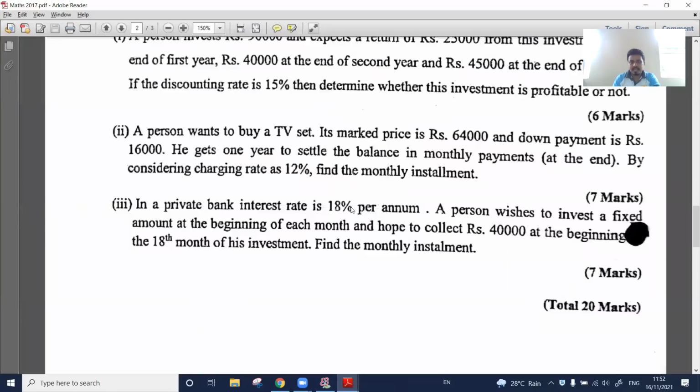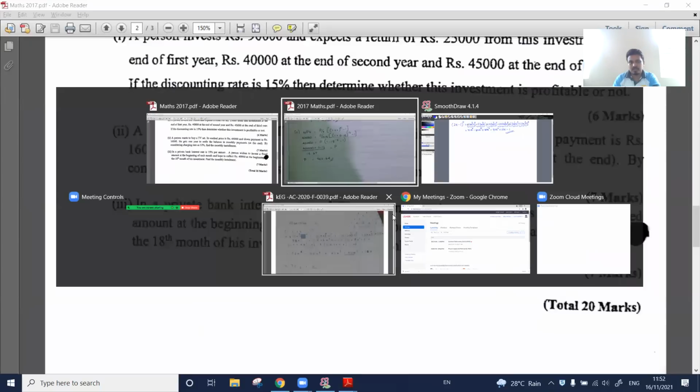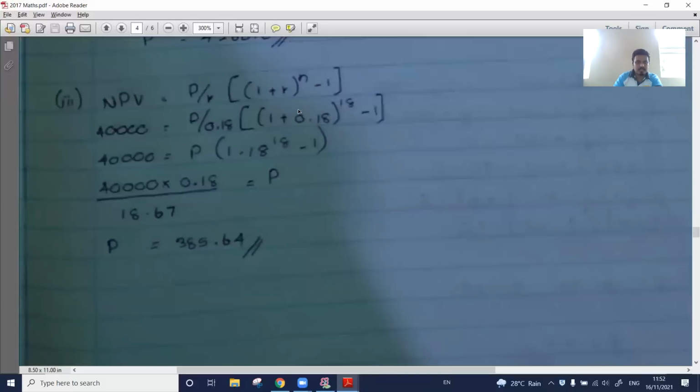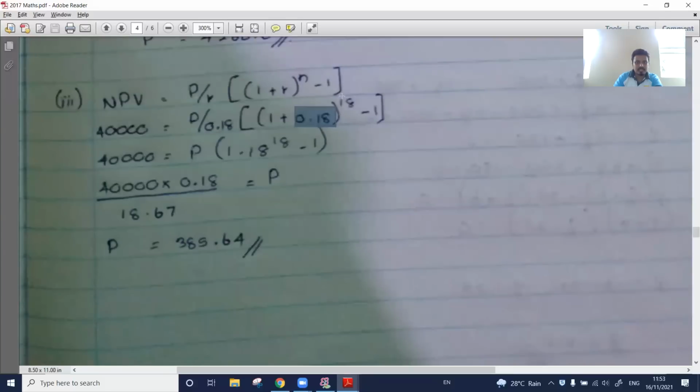Per annum rate is 18%. But here we consider it on monthly basis. We need to get the monthly installments. So we cannot consider it as 18 here. See, there is a mismatch. This 18% is annual rate, but 18 is in months.